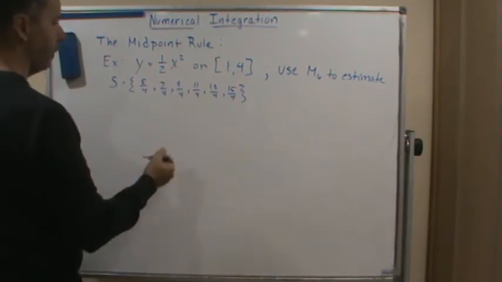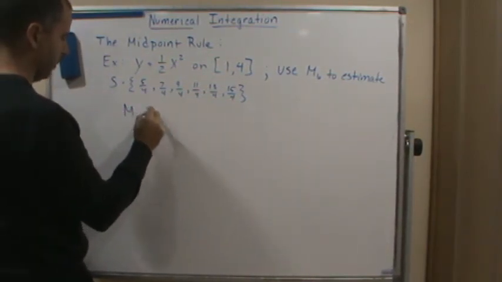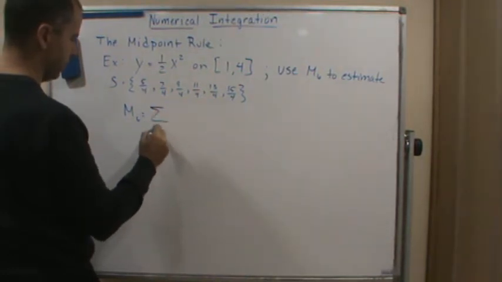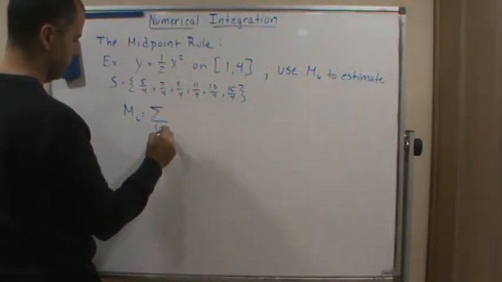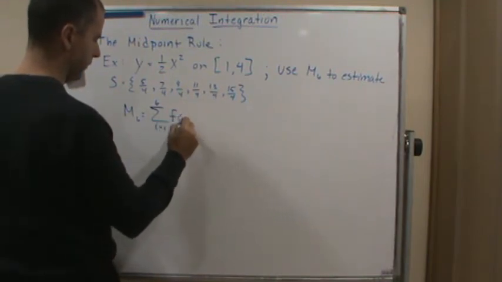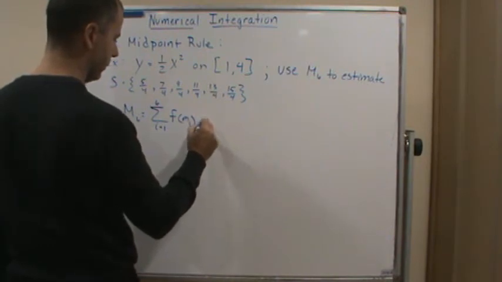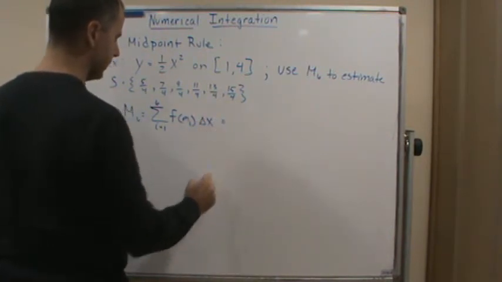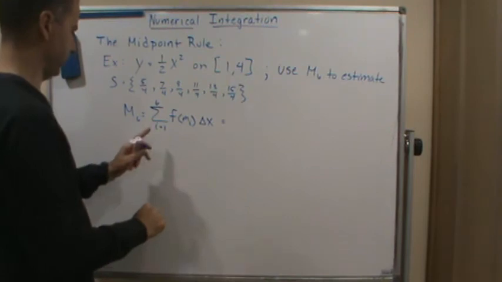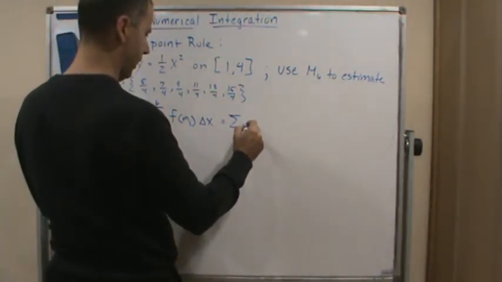Now I'm just going to use M6, which is the sum from i equals 1 to 6 of f of m sub i times delta x. Now I just plug and chug.